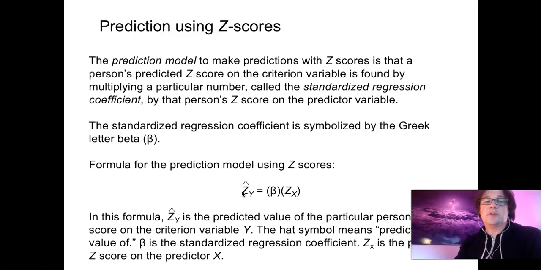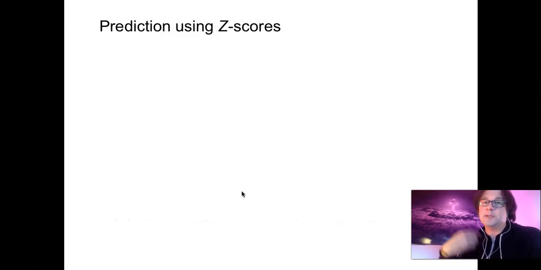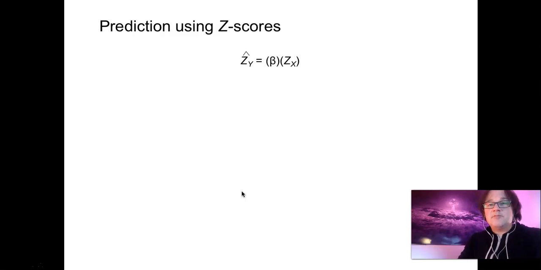We'll see how this works out. It might take a couple of times to fully understand how this stuff works. But we have the formula here. So a predicted standardized y score is simply our standardized x score times a standardized regression coefficient, or beta, right?